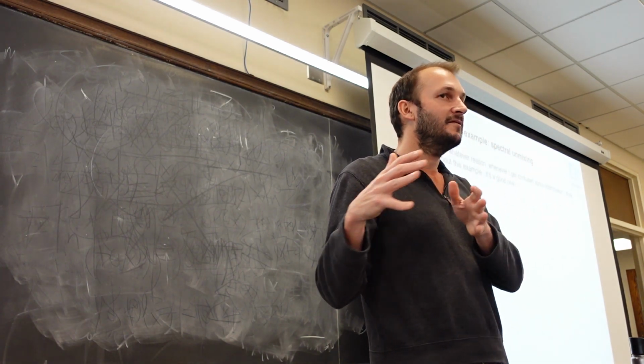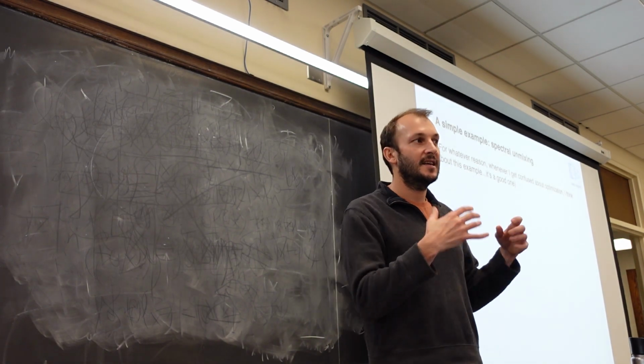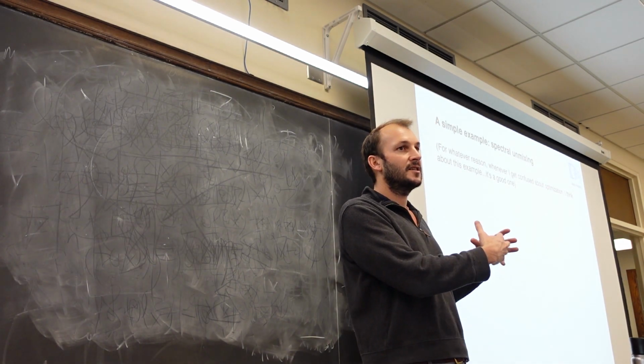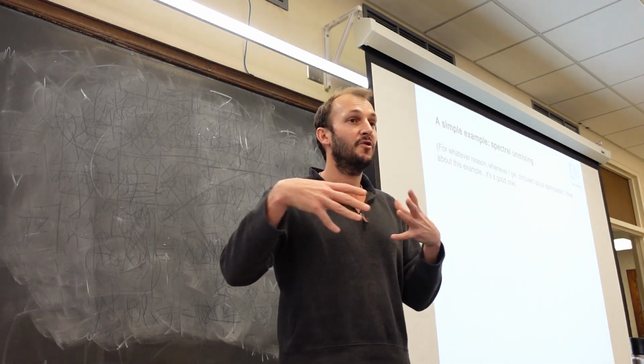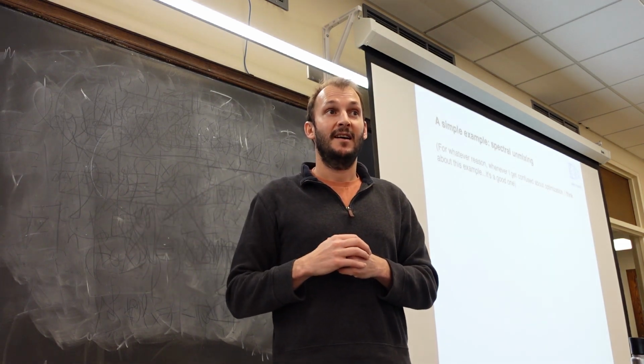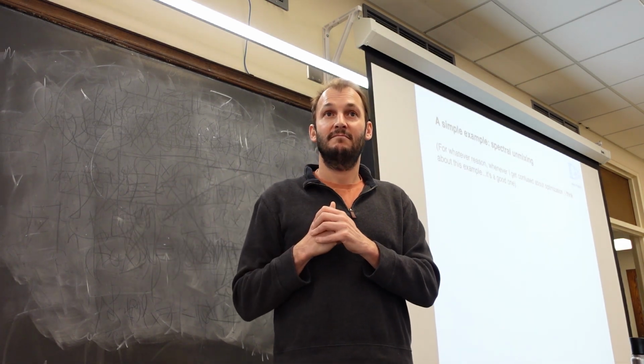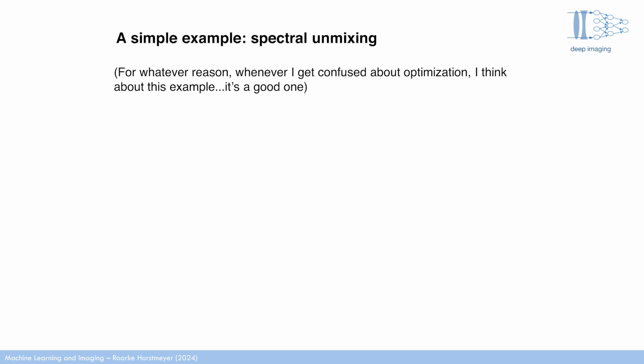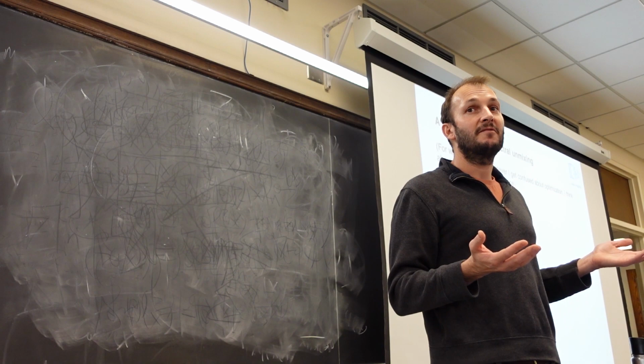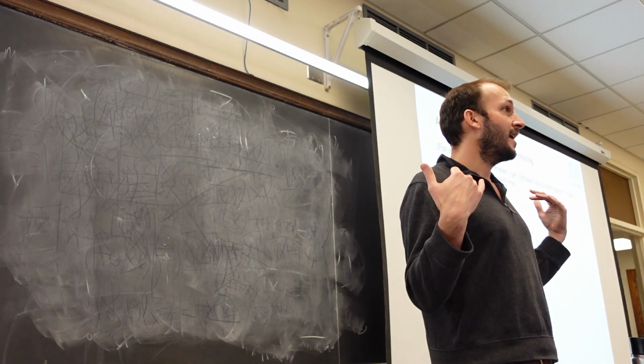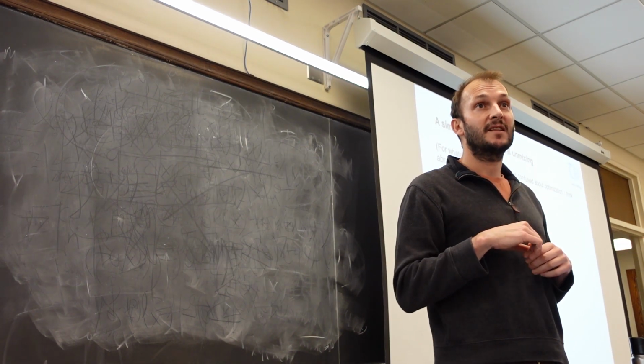And it has a lot of additional features that take the problem from a standard convex optimization problem to a more complex one, okay? And so for that reason, I like to go through it. And also when I get confused about optimization, I kind of revert to this example in my head or even on paper to work things out.